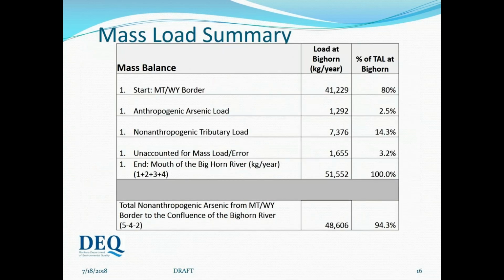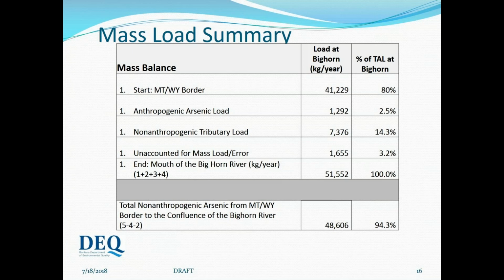Okay, so the mass load summary. From the start at the Montana-Wyoming border to the end, we gained around 10,000 kilograms per year of arsenic. Where did that additional arsenic come from?